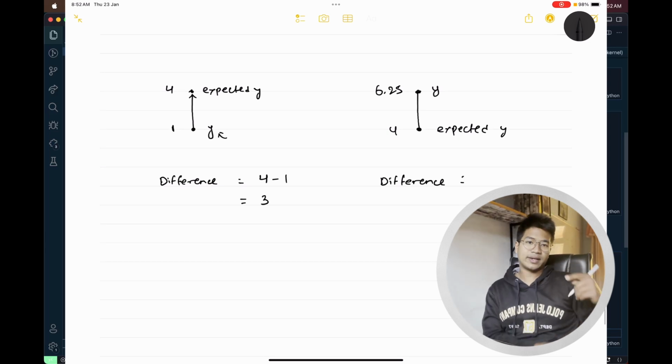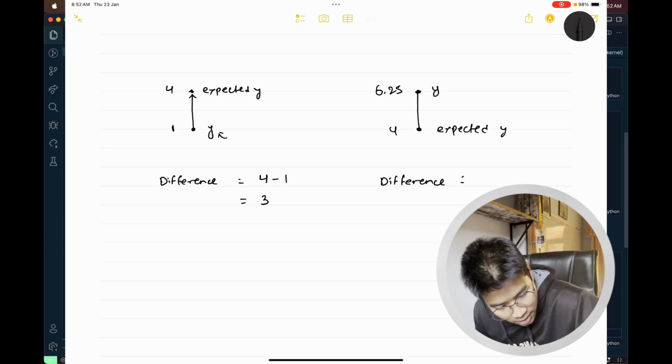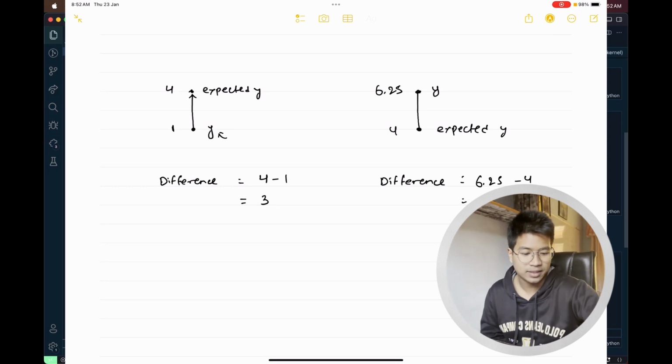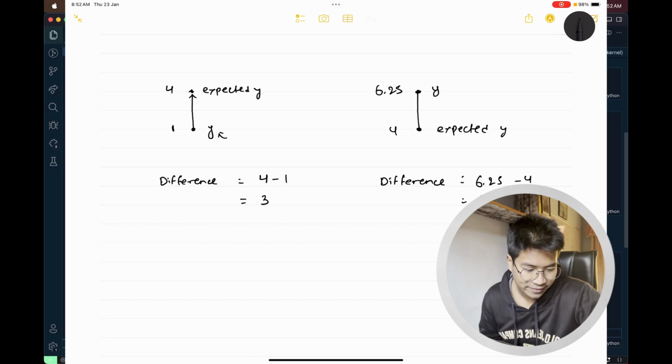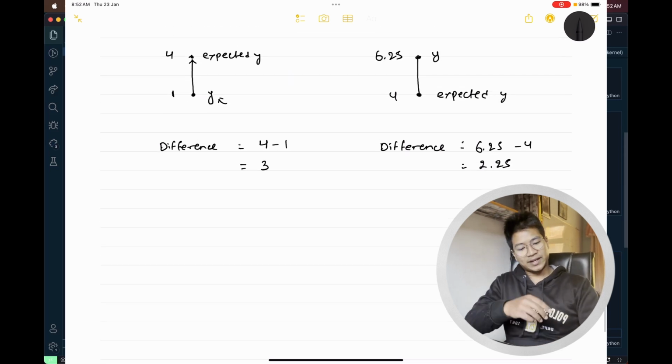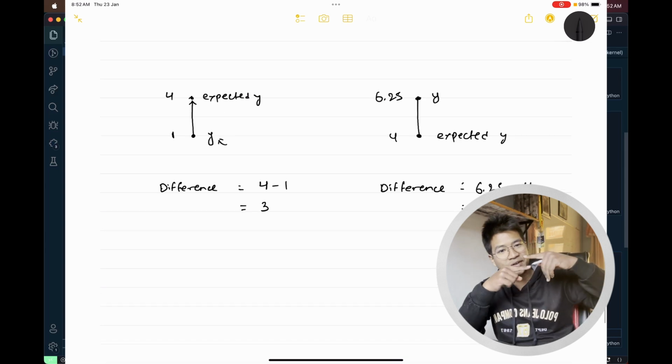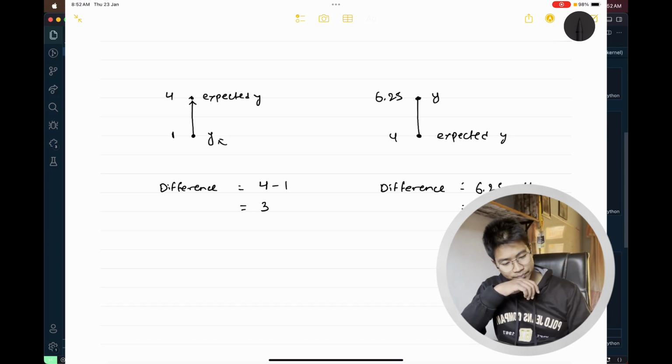The difference over here is 6.25 minus 4, which is what now? 2.25, sorry. So that would be the difference, right? And we want to reduce this difference, because when that difference is very, very small, our y value is equal to our expected y value.